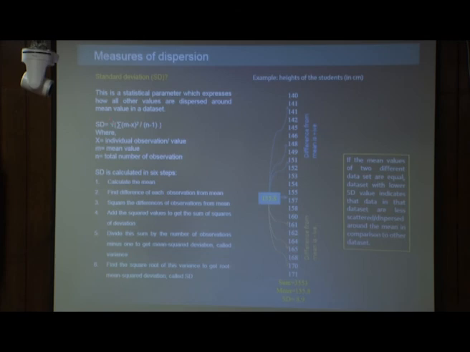So ultimately, standard deviation is a statistical expression that expresses how, while the data are arranged in ascending order, or it may also be descending order, all other values are dispersed around the mean value.